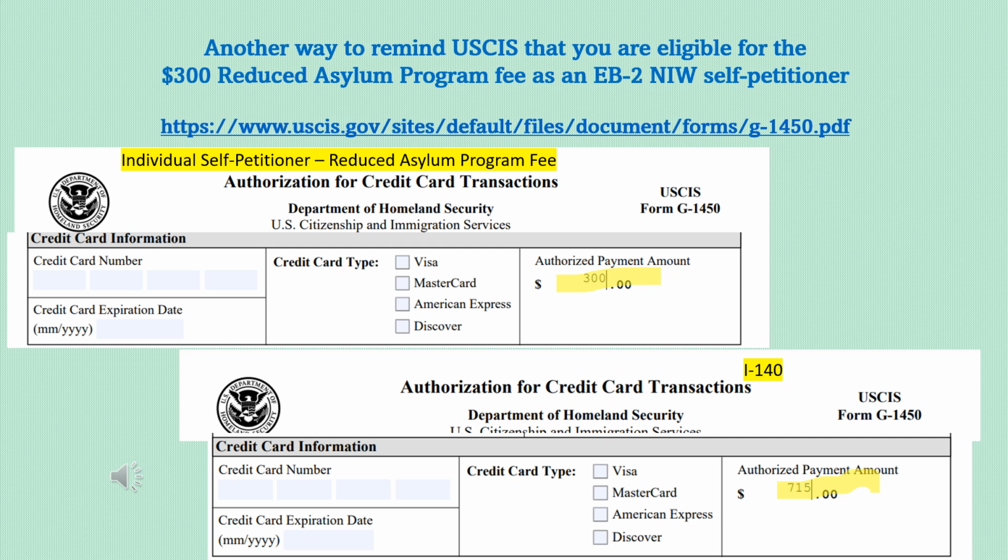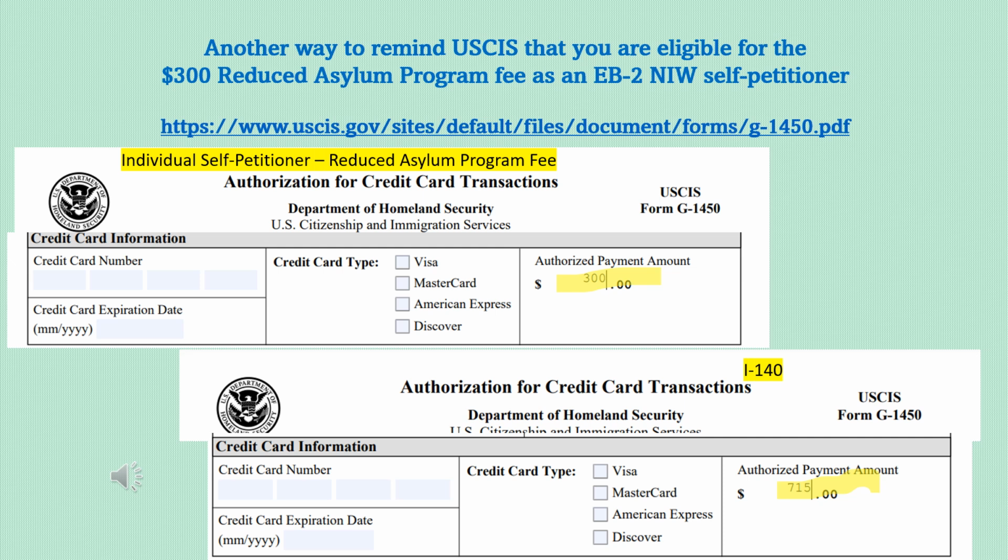And one thing you may want to do, as I said, you have to do two separate payments, one of $300 and one of $715. So you could fill out two separate G-1450s, and then at the top you could write, on the one that has $300, individual self-petitioner, reduced asylum program fee.